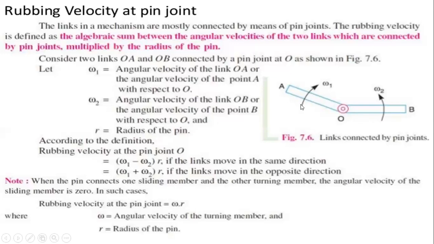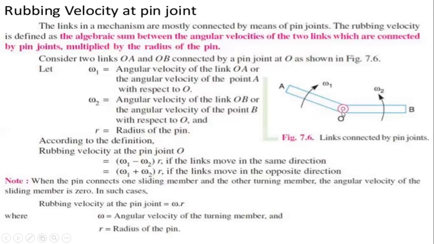or the angular velocity of point A with respect to O, and omega 2 is the angular velocity of the link OB, or it is also taken as the angular velocity of the point B with respect to O, and small r is taken as the radius of the pin.